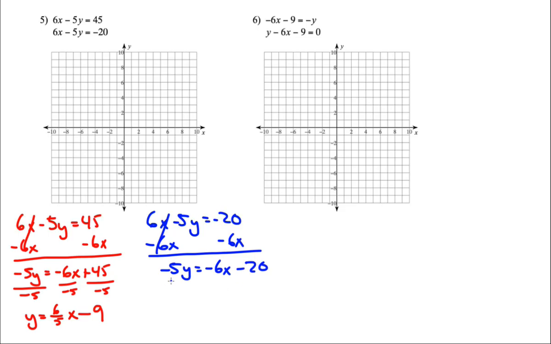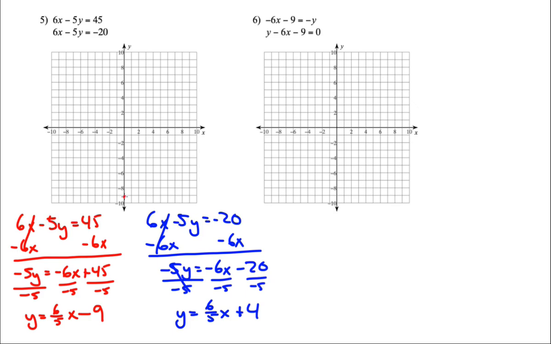If I divide each term by negative 5, I end up with y equals, a negative over a negative is a positive, 6/5 x, a negative over a negative is a positive, plus 4.